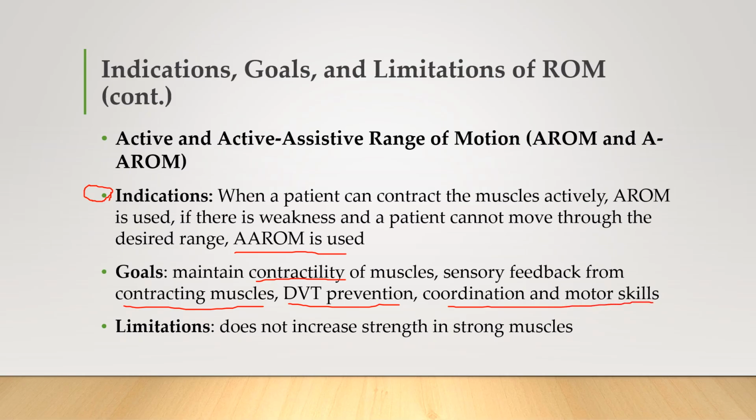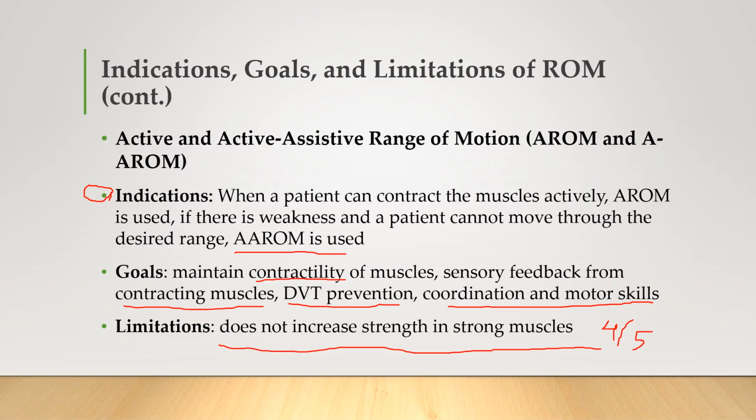Some of the limitations for active and active assisted range of motion is that it does not increase strength in really strong muscles. So I gave you an example. Let's say a patient comes in with a muscle grade of 4 out of 5. That's good. It's a nice strong muscle. They can move against gravity.